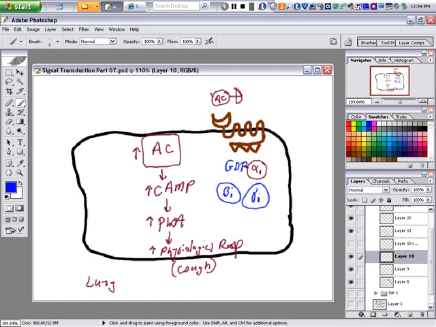Okay? Oh, don't answer it yet. I want you to think about it for 5 seconds. Again, what would happen to an individual if they were not able to convert this GDP, which keeps the alpha inhibitory blocked all the time, or in an inactive state, to GTP? You could not convert GDP to GTP.